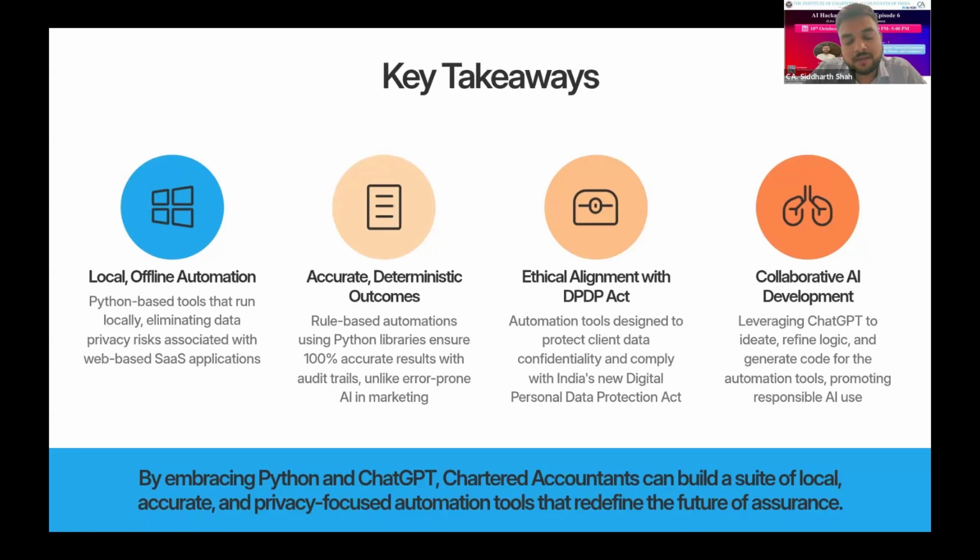Rather than letting AI decide, we should use AI to design, where we design such things that we control. Like if I have written a code in Python, I'll always get the same output. I'll always get the same thing. So it is accurate. It is in alignment with our DPDP Act, where we will be responsible for the client's data.